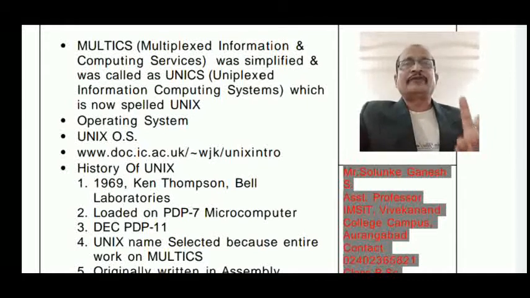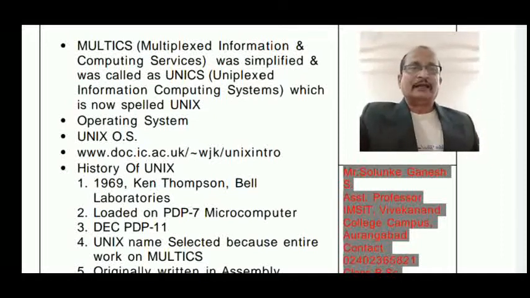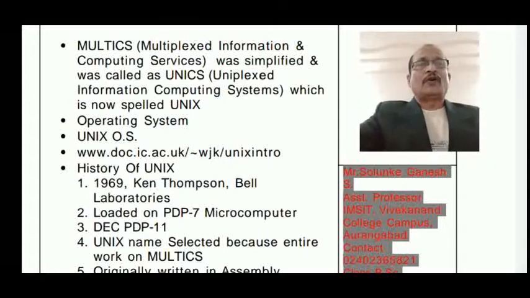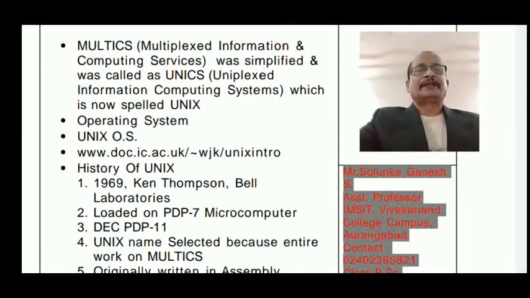The name of the website is www.doc.ic.uk/~wjk/Unix intro. This is the website, and here all the theoretical notes are available. Now we are going to see the history of the Unix operating system.